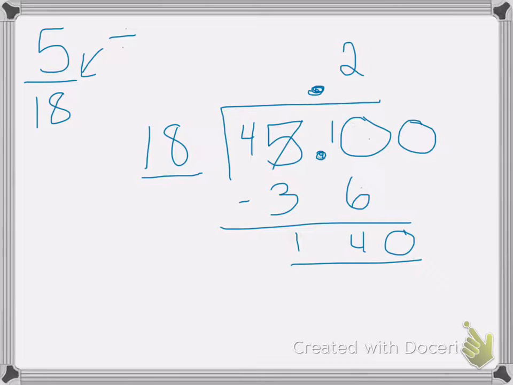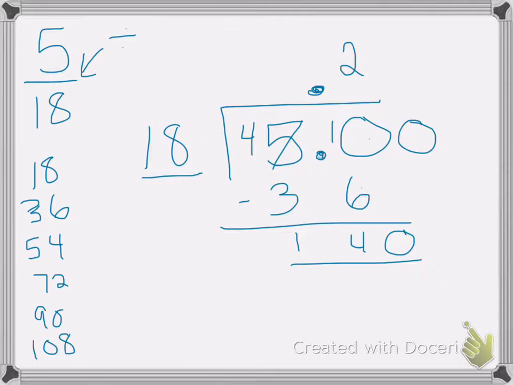Well, 18's kind of close to 20, but we'll just go off to the side here. 18 plus 18 gives you 36. We said that 36 plus 18 is 54. 54 plus 18 is 72. 72 plus 18 is 90. 90 plus 18 is 108.